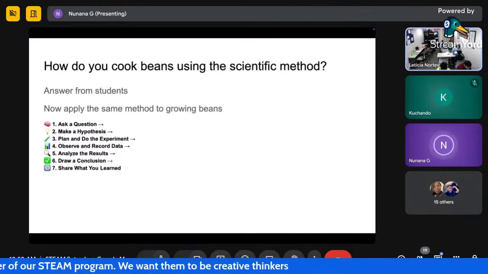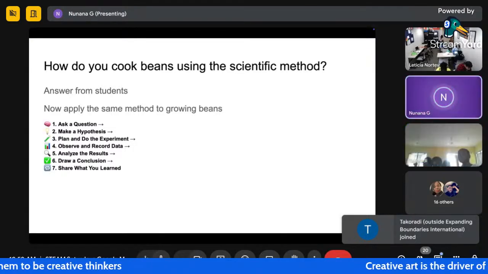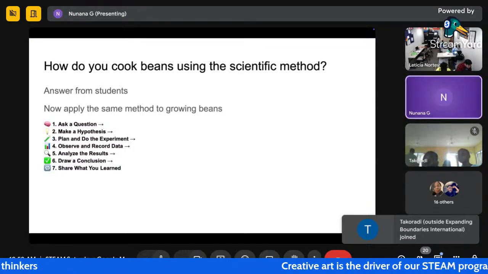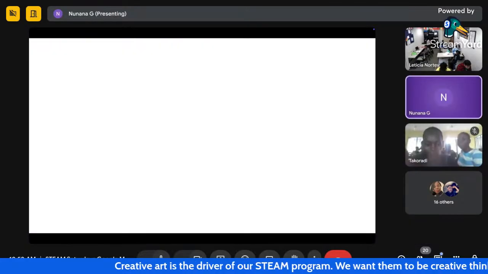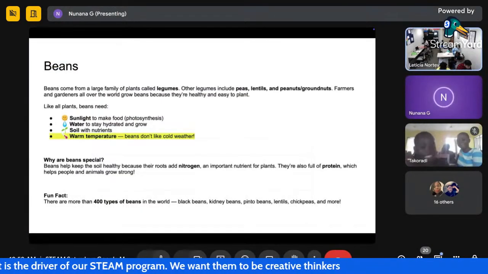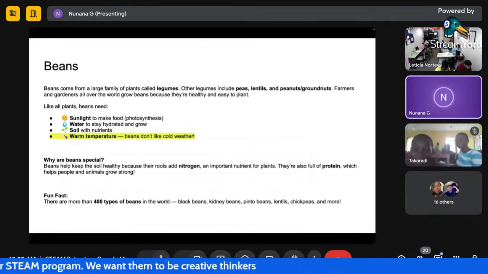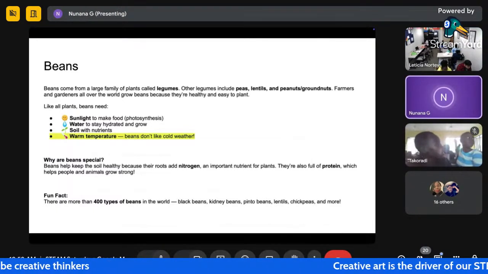Okay. So we ask the question, we have a problem, we ask a question, we make a prediction. Now we need to plan and do the experiment. So again, beans. What is beans? Beans come from a big family called legumes.